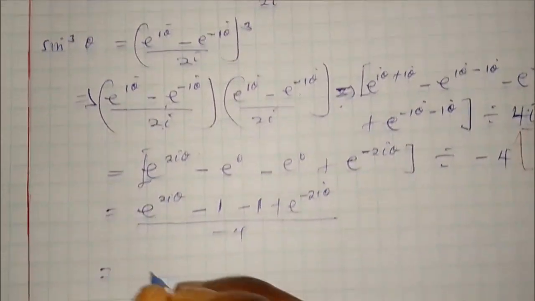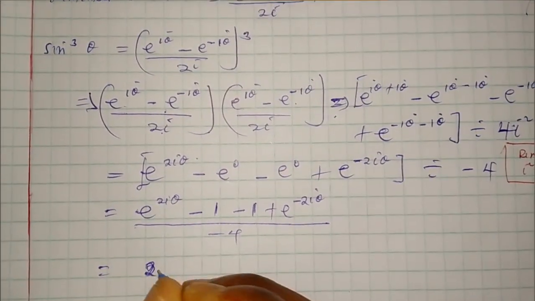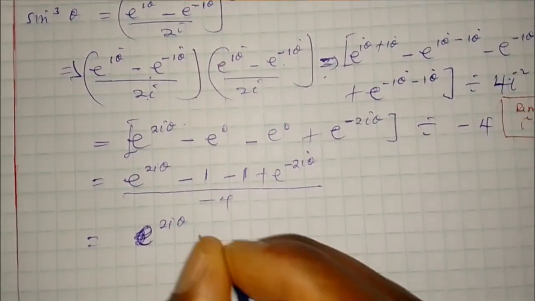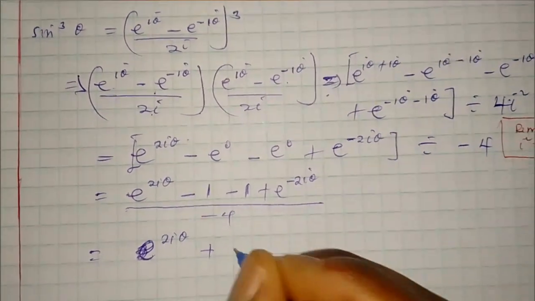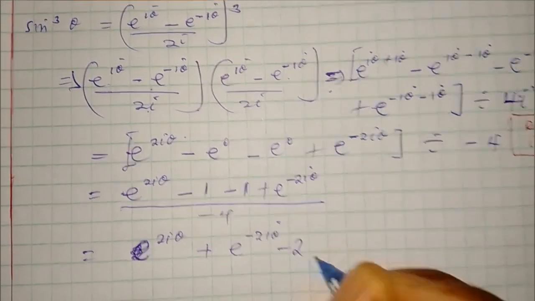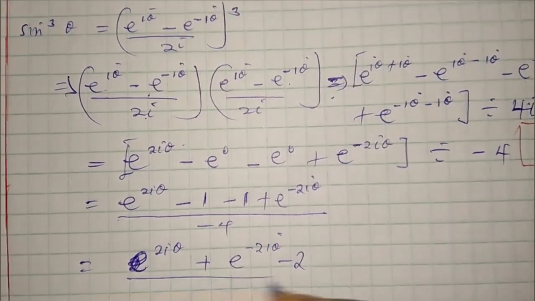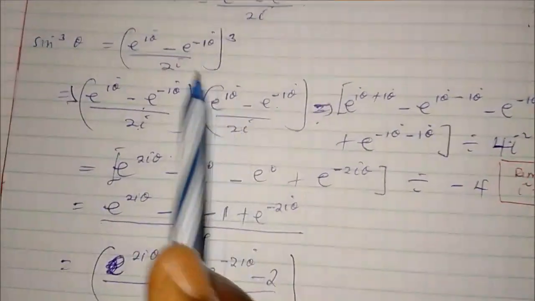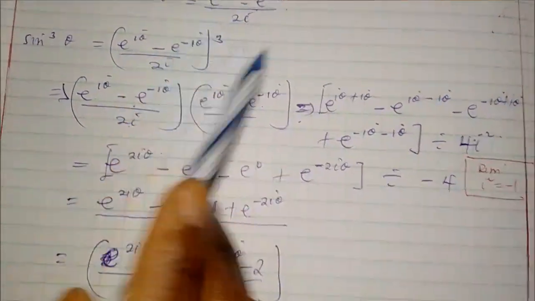This becomes what? It is e raised to power 2i theta plus e raised to power negative 2i theta minus 2 over negative 4. Then we multiply again with this one.